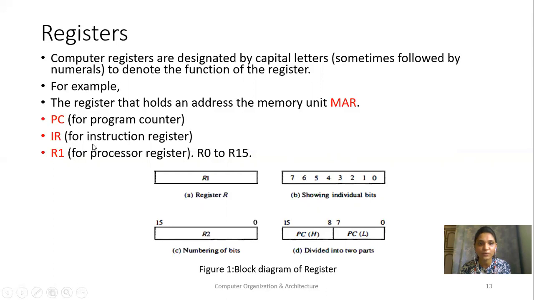For example, the program counter is 16 bits, so bits 0 to 7 and 8 to 15 can be represented as two different registers: PC low, bits 0 to 7, and PC high, bits 8 to 15. So you can represent any register by a capital letter R or any symbol you want to use, and represent its individual bits in two parts, upper and lower, as you wish. Okay, this is your register.